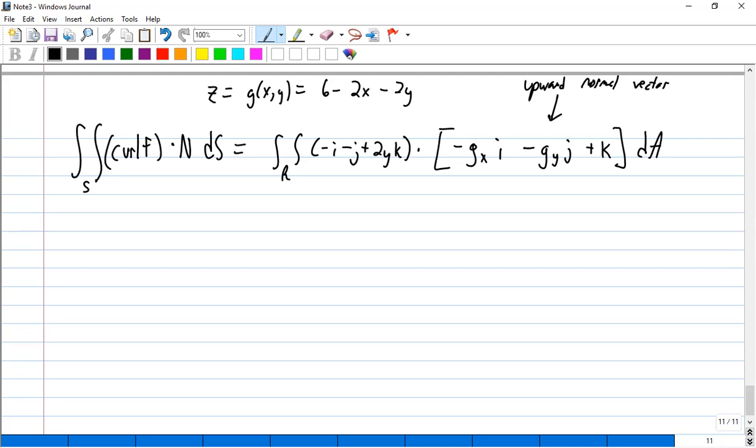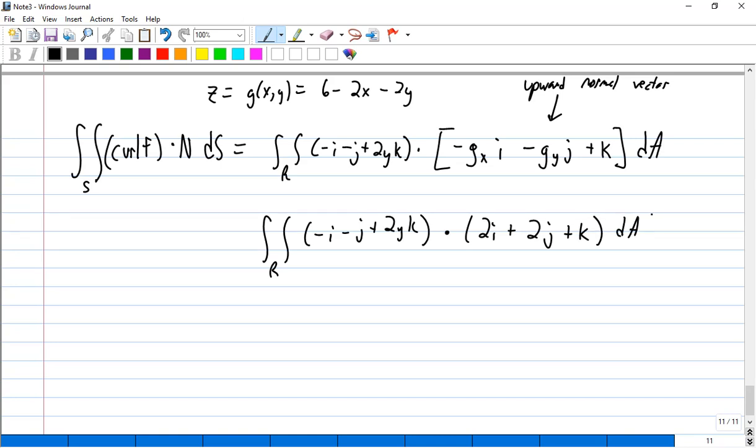So whenever you calculate that from z, we have negative i minus j plus 2y k, dotted with 2i plus 2j plus k, dA, or the double integral over the region of the dot product.